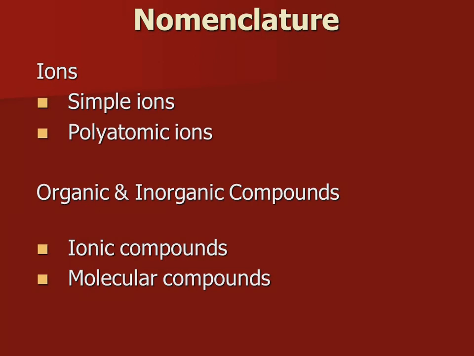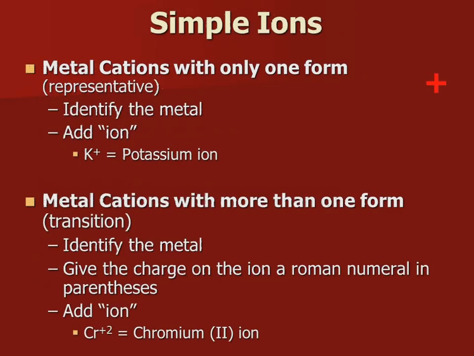And compounds can be organic or inorganic in nature. We're not going to fiddle with the organic compounds so much as a lot of the inorganic ones. But they can be either ionic or through covalent bonds making molecules.